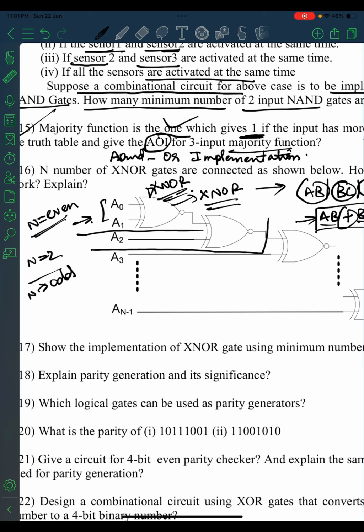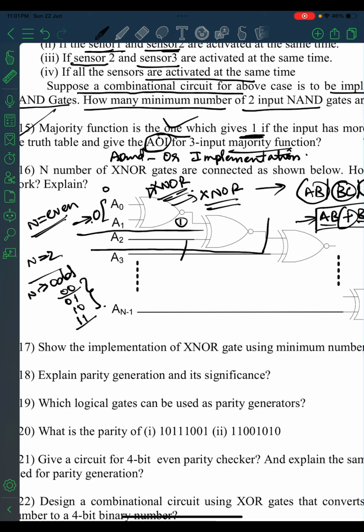Now this is an XNOR, right? If it is 0 0, 0 1, 1 0, 1 1, whenever both are 0 and 0, or both 1 and 1, the output will be 1.